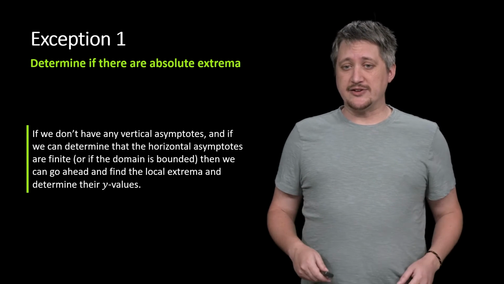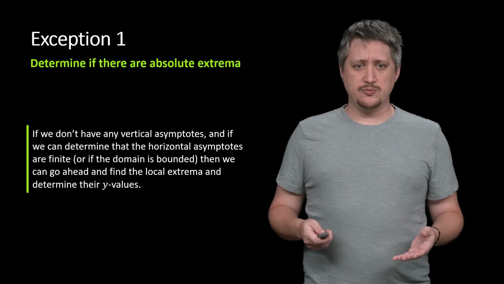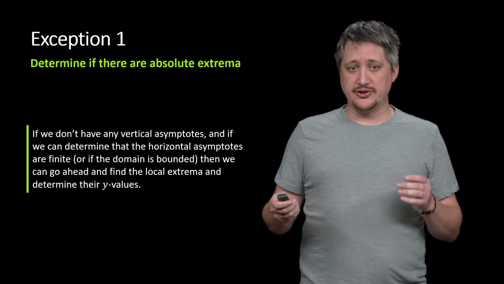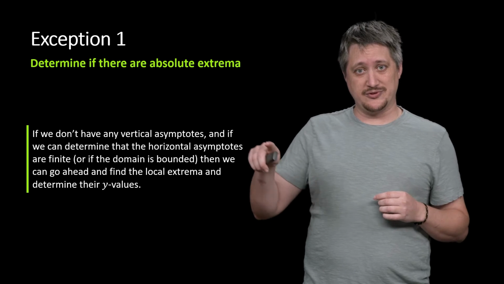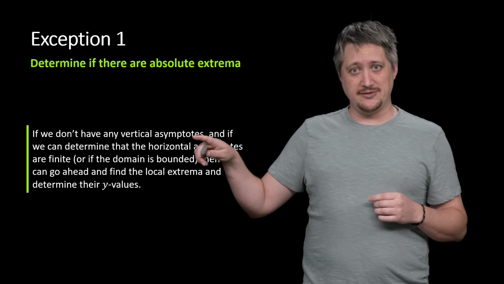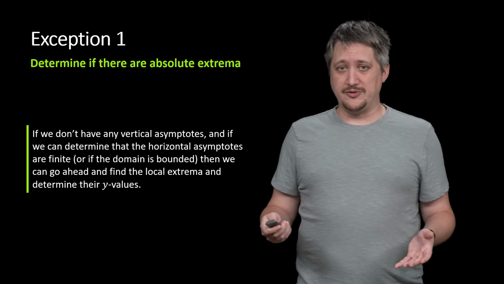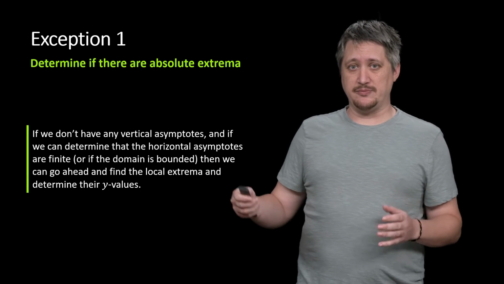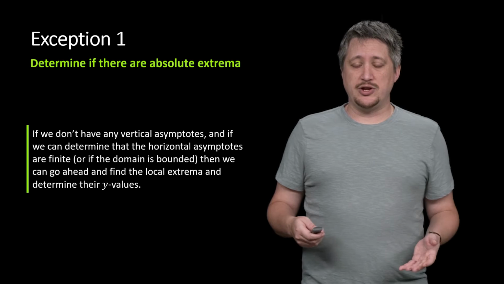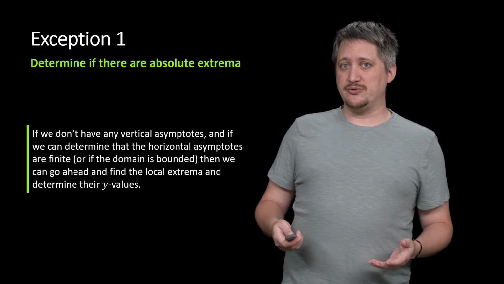If we don't have a vertical asymptote, and we can determine either that the horizontal asymptotes are finite, meaning it stabilizes at some finite y value as it goes infinitely far out, or that the domain is bounded, meaning we don't have any of this end-term behavior, then we can go ahead and find the actual absolute extrema.